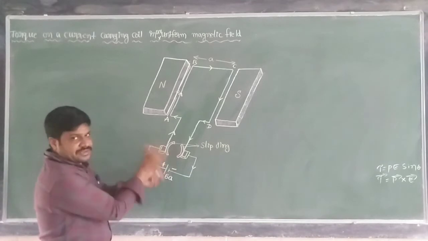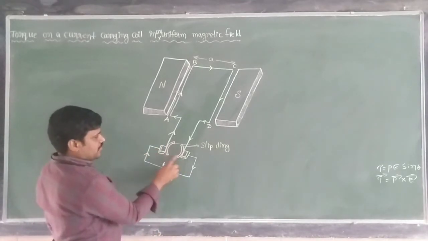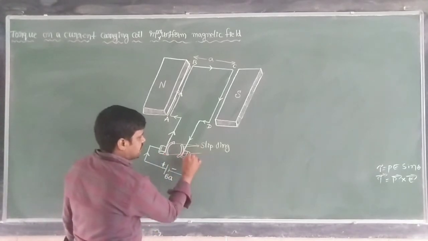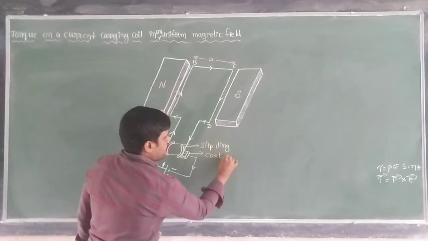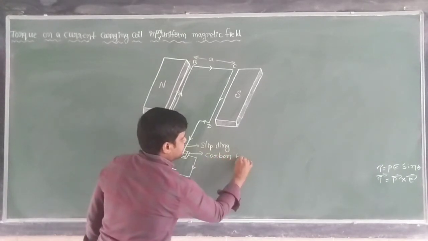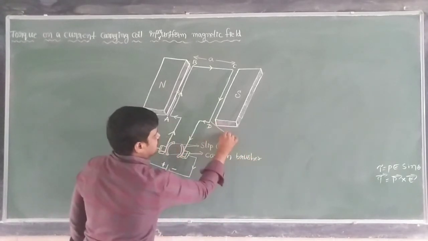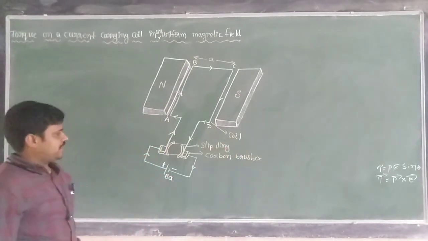And in green color, the two brushes are called carbon brushes. Here is the current carrying rectangular coil.